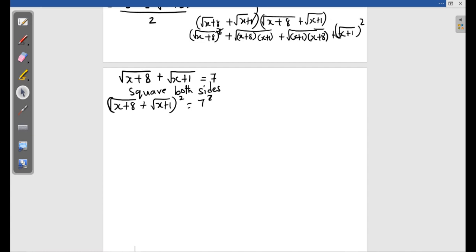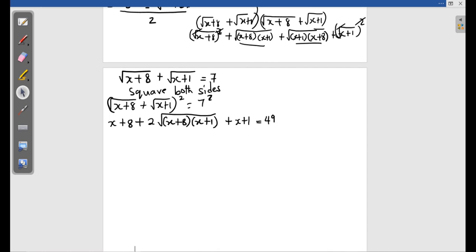Now square cancels out square roots and we'll have what? x plus 8. This plus this, they are like terms, so you can say 2 roots x plus 8 times x plus 1 plus, square can also cancel out the square root and you say x plus 1 equals 49.